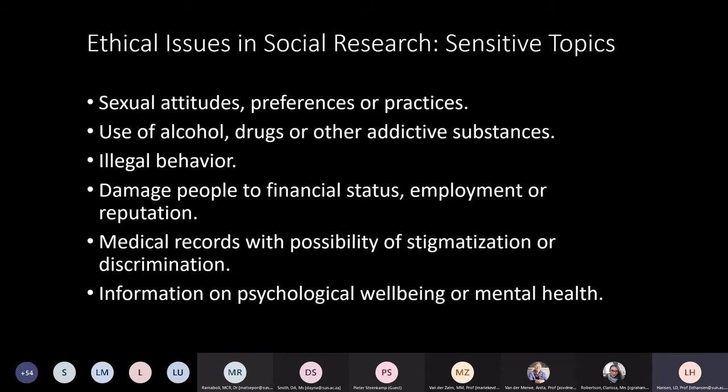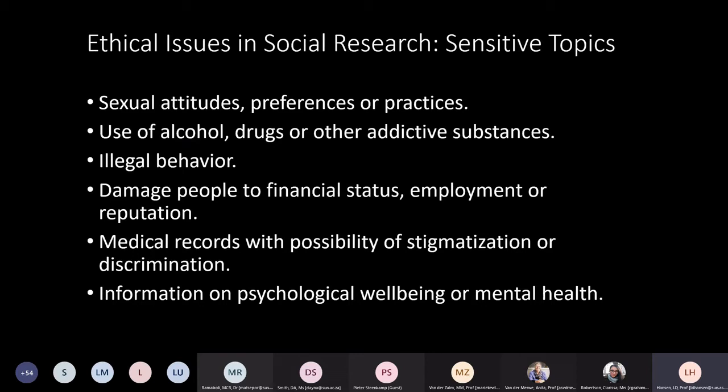Information that, if revealed, could damage people in terms of their financial status, their capacity to pursue employment, or their reputation in the community. Remember the tearoom study? That would be an example of this, which was, as I said, also conducted within the social sciences. And then information that normally would be registered in medical records and whose revelation could lead to stigmatization or discrimination.